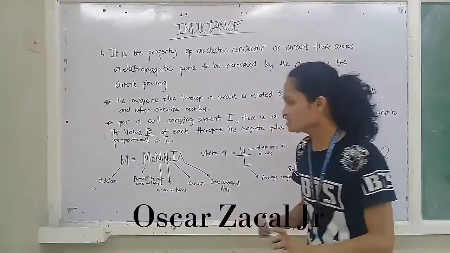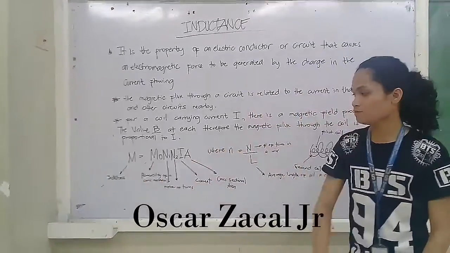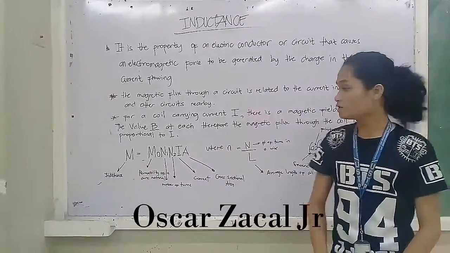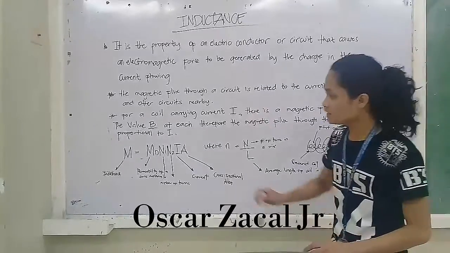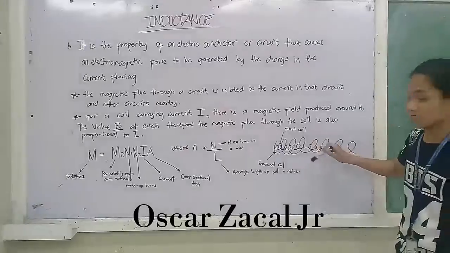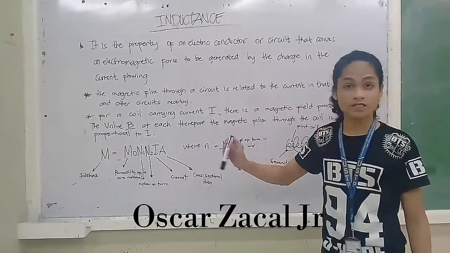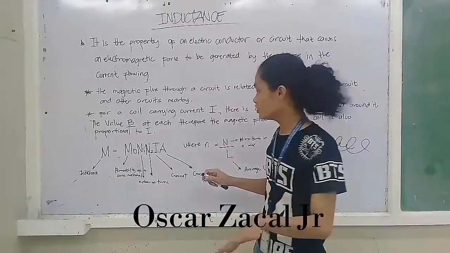So we have here the formula of inductance, where mu is the permeability of the core material. N1 is the number of turns in a coil. N2 is the number of turns of the second coil.